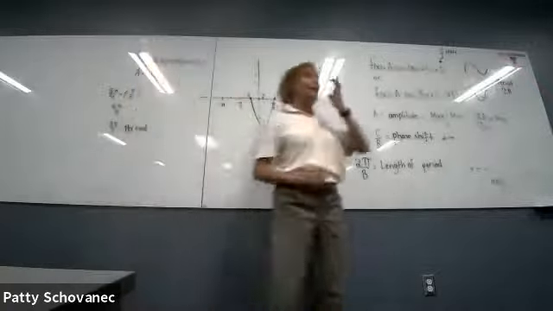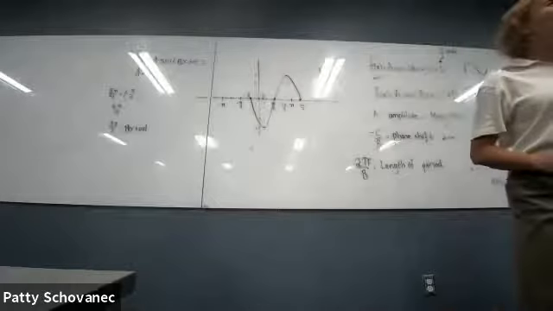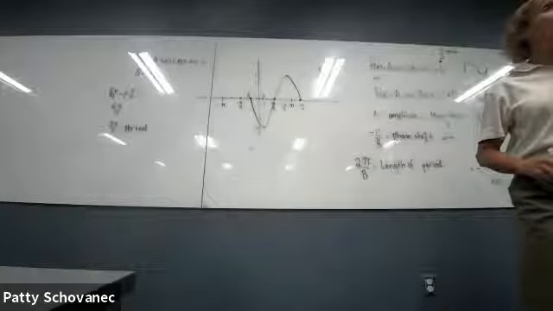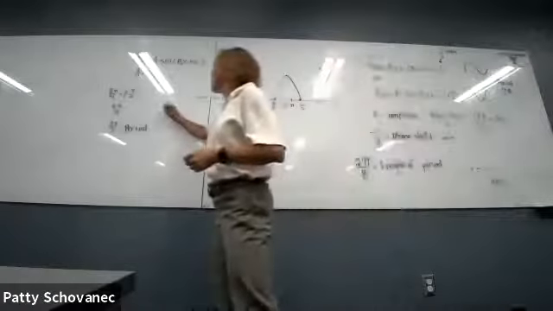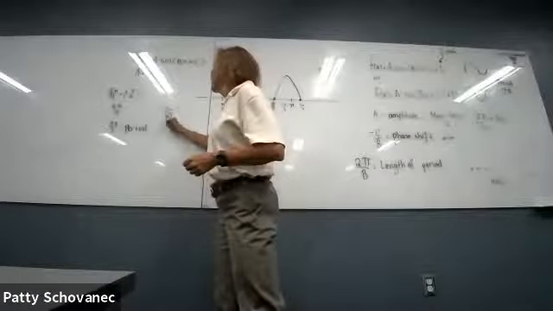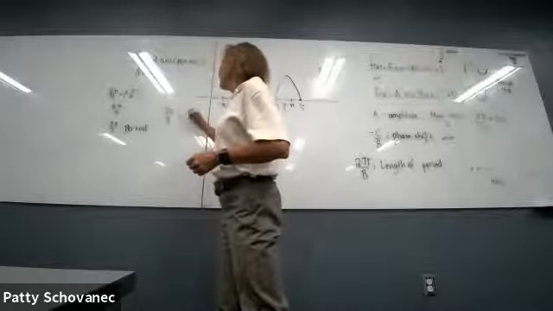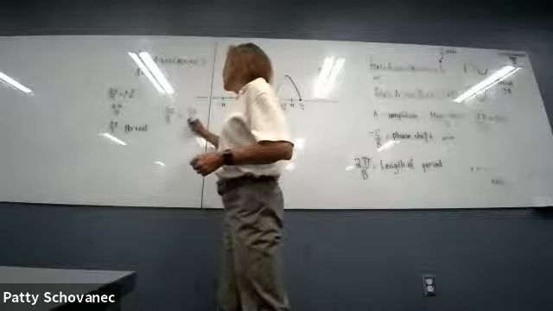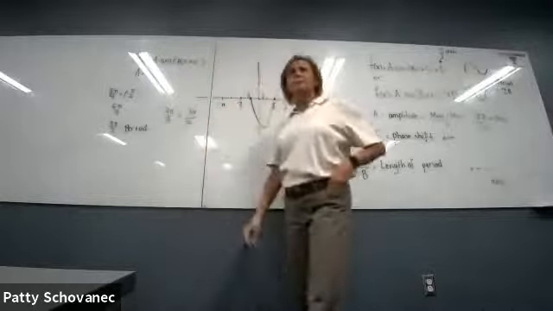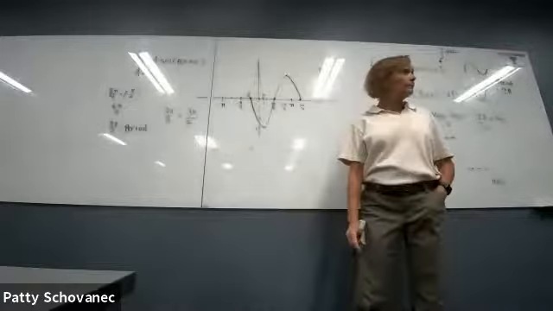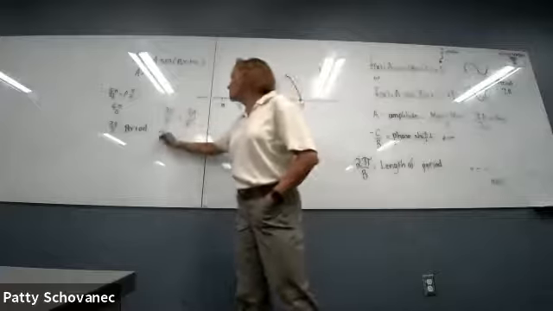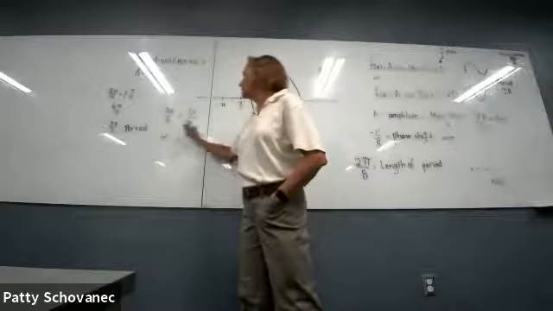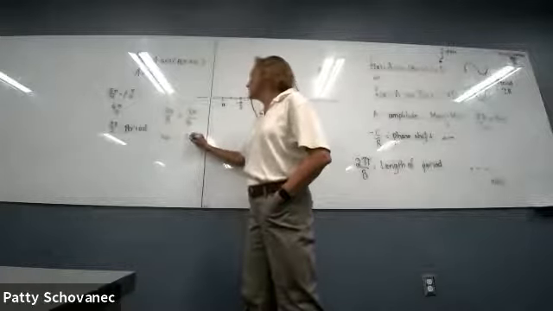So we need 2 pi over b to simplify to 3 pi over 2. Let's solve for b. Let's cross multiply. 2 times 2 pi gives me 4 pi. b times 3 pi over here.